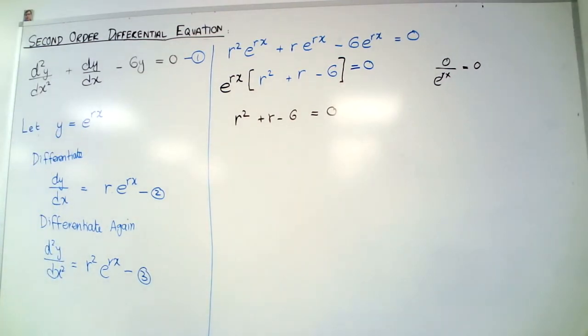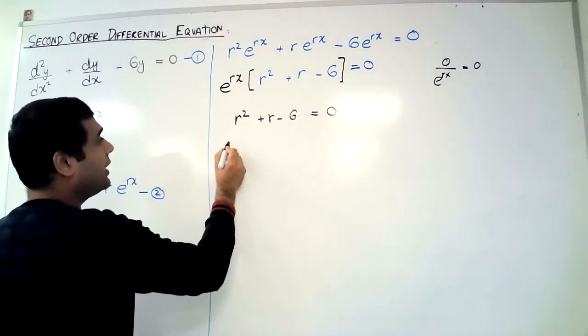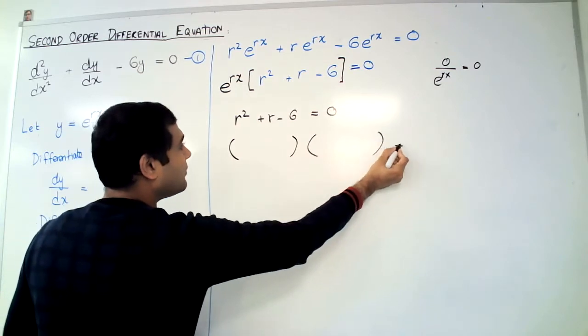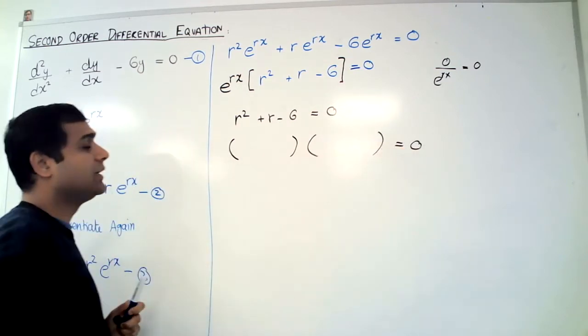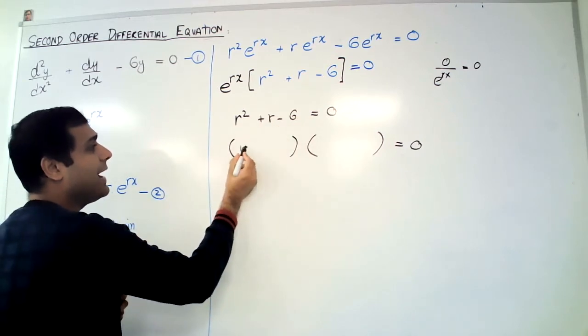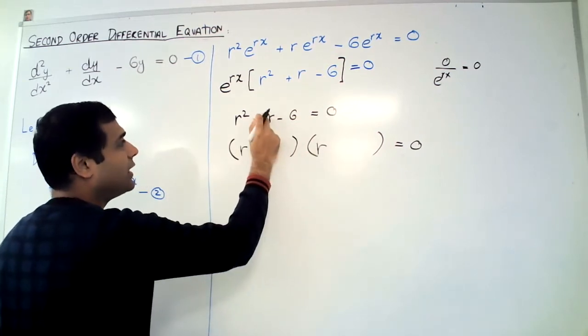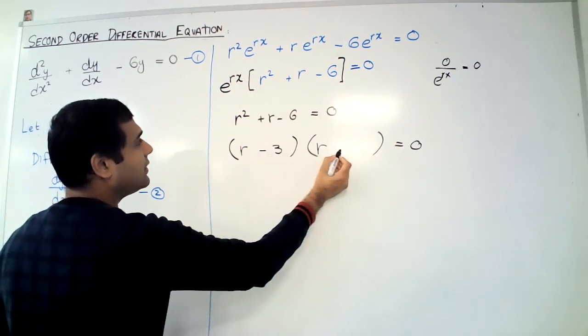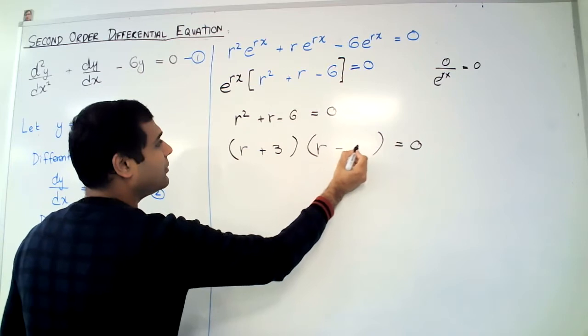Now this is a quadratic equation. If I solve the quadratic equation by factorization or by the quadratic formula, I can have two factors. Think of two numbers that multiply to give minus 6 but add to give 1r. So it is plus 3 and minus 2.